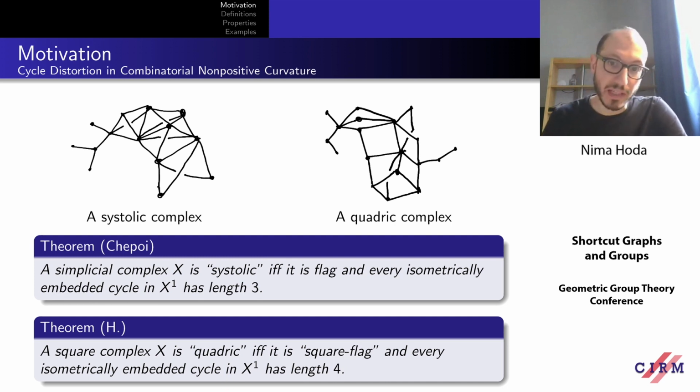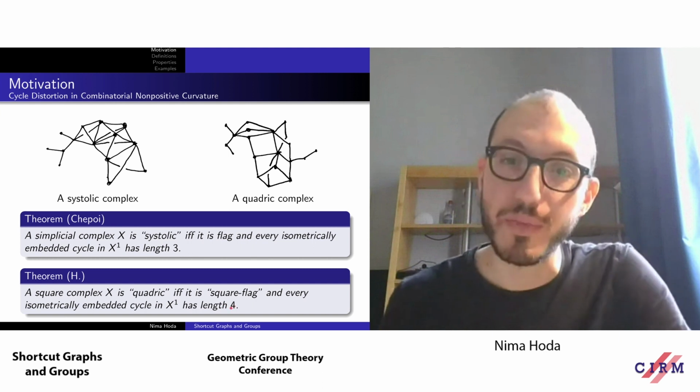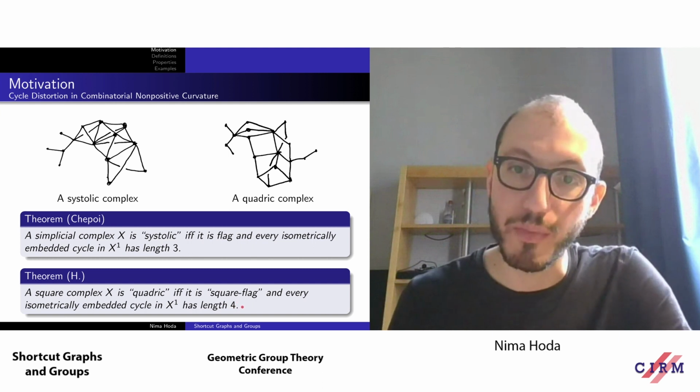In the case of bipartite graphs, any simply connected two-complex built out of squares is going to have a one-skeleton that's bipartite, and 4 is the shortest length of a cycle you can have, assuming no multi-edges.